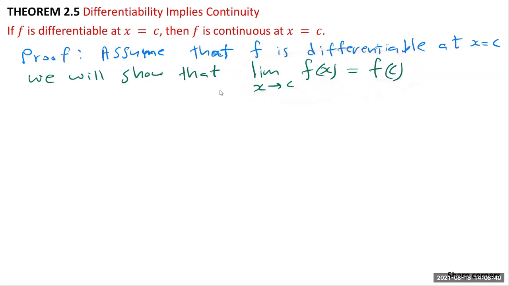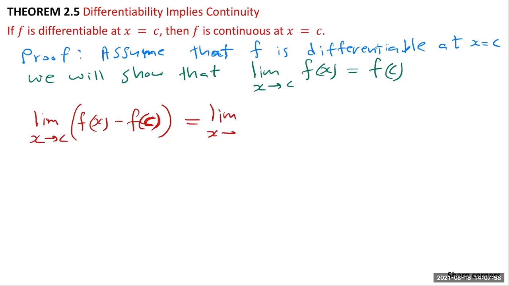Okay, for that, let's consider this expression. I want to compute this particular limit as x approaches c of f of x minus f of c. Okay, so now I'm going to do a small construction here.